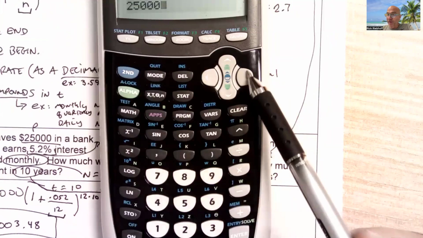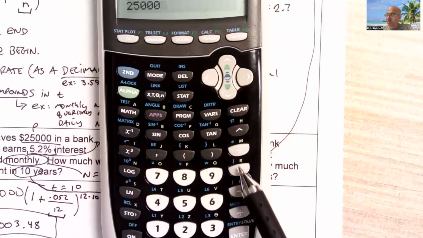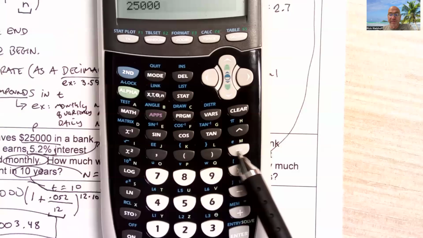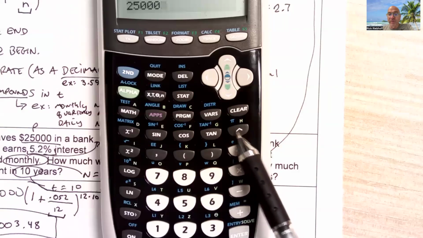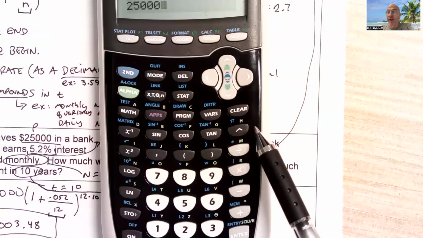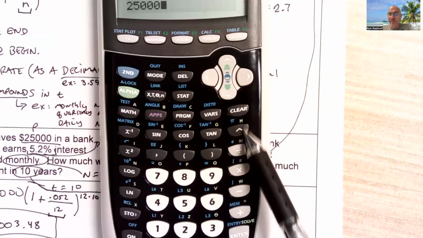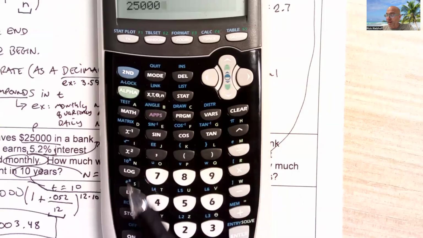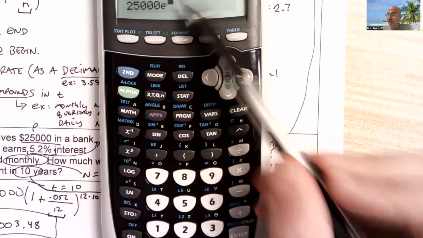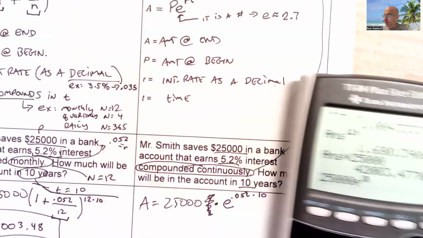The other one, if you go to the very right side and go about almost halfway down, right above the division sign is E as well. But this one you'll have to create your own. You'll use the arrow or the caret key to go up into the exponent. So you could use this still, but then you've got another thing to do. So I like to go second ln, and that gives me E to the blank. And now I'm going to put in what needs to be there.